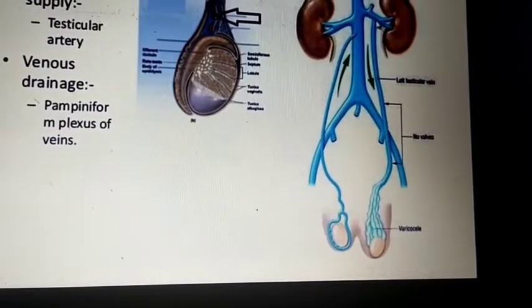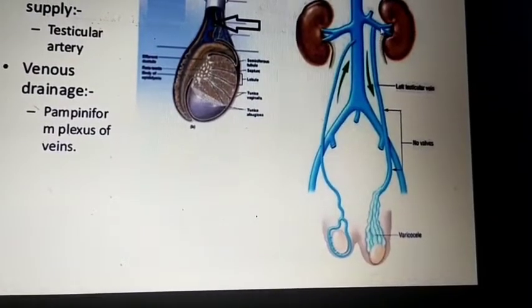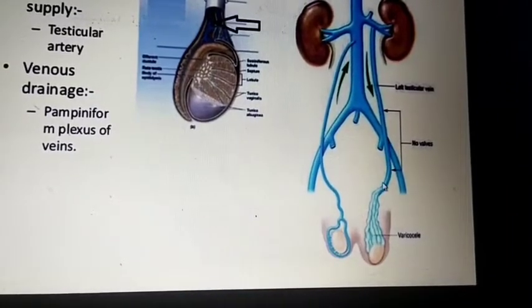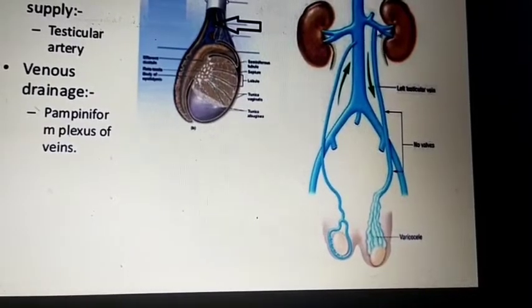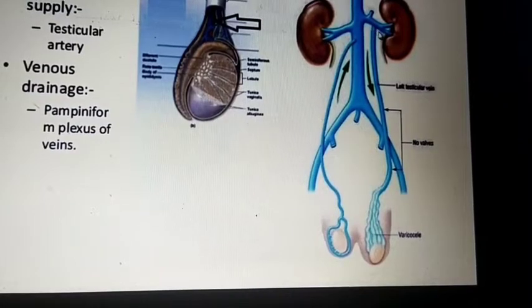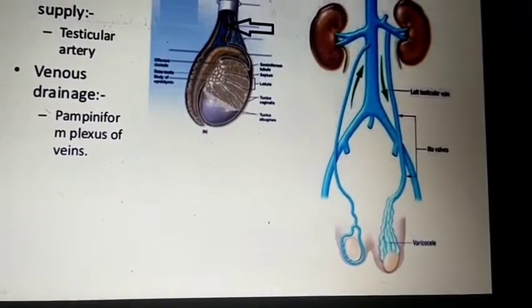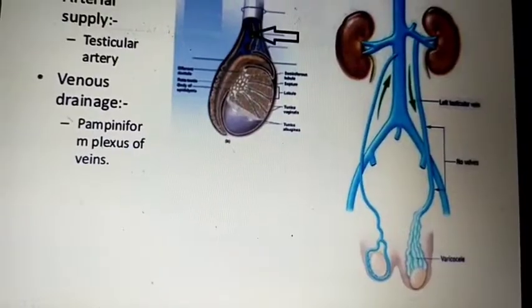Because it enters at a perpendicular, 90 degree angle, varicocele is more common on the left side. It drains directly into the left renal vein, and with some obstruction there is more pressure as compared to the right side.